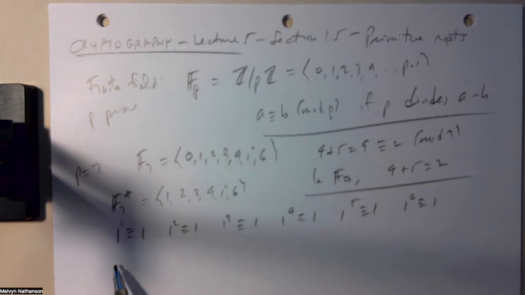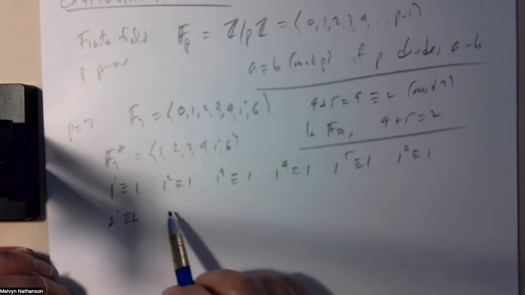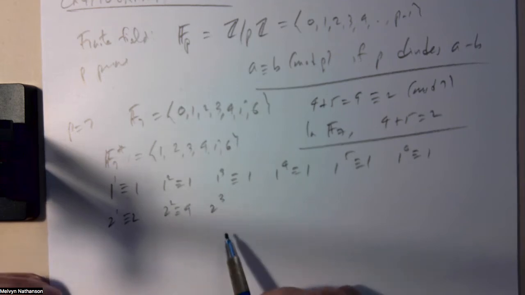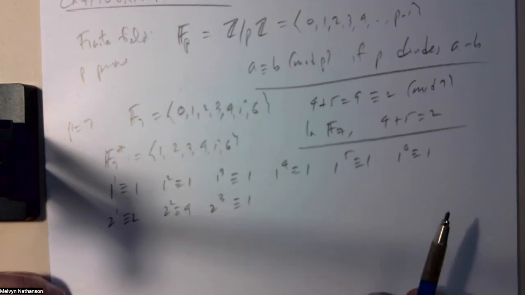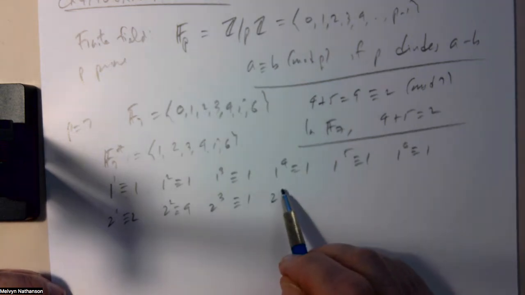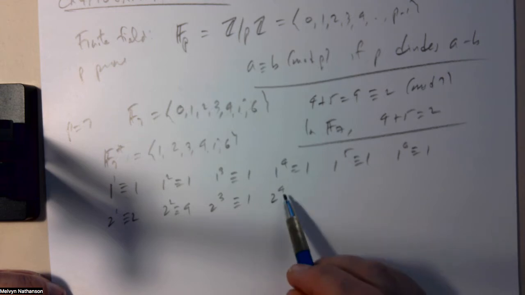2 is more interesting. 2 to the first power is 2. 2 squared is 4. 2 cubed is 8, which is the same as 1 mod 7. 2 to the fourth is 16, which is 2 mod 7.